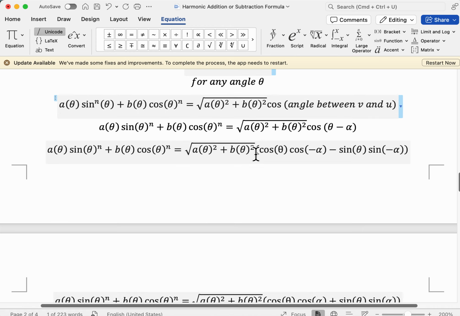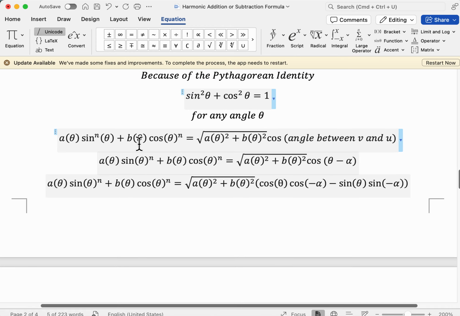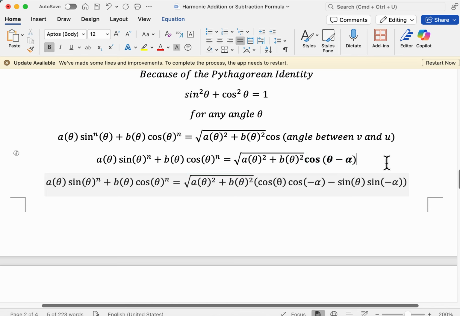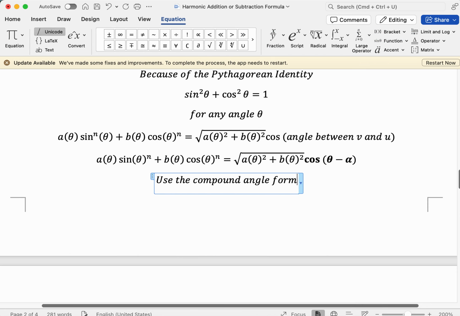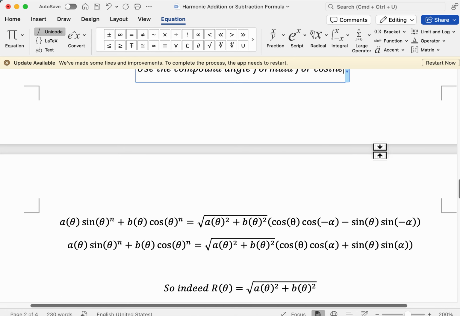But we have to do some other finessing of this formula to help us find the angle, which is not that easy. So over here, where we have cosine of theta minus alpha, we're going to use the compound angle formula for cosine, which you could see derived in many visual proof videos of trigonometry, or I might do one later in the future.